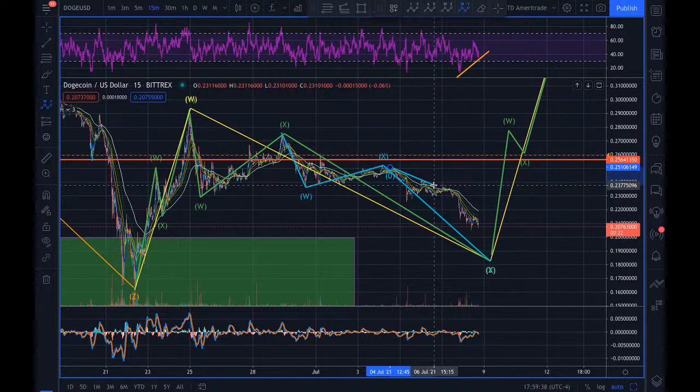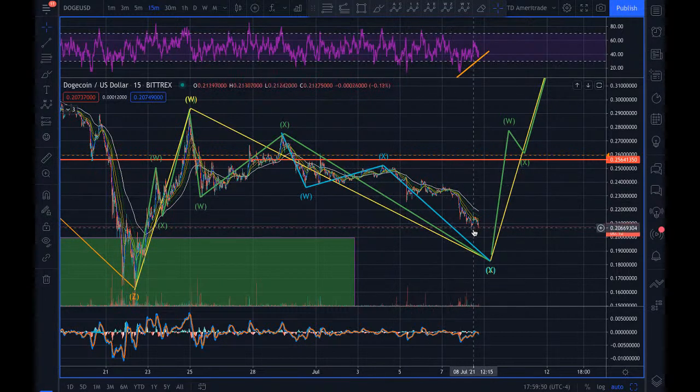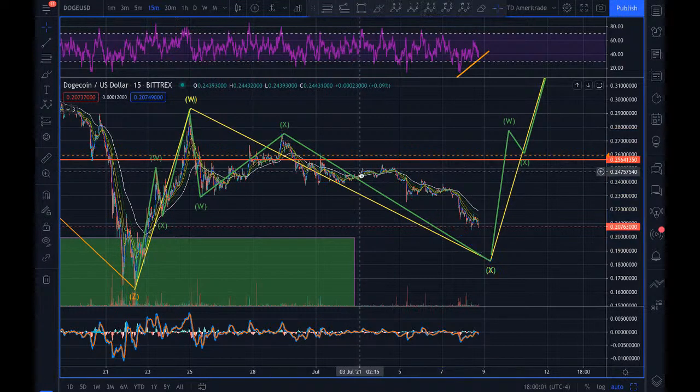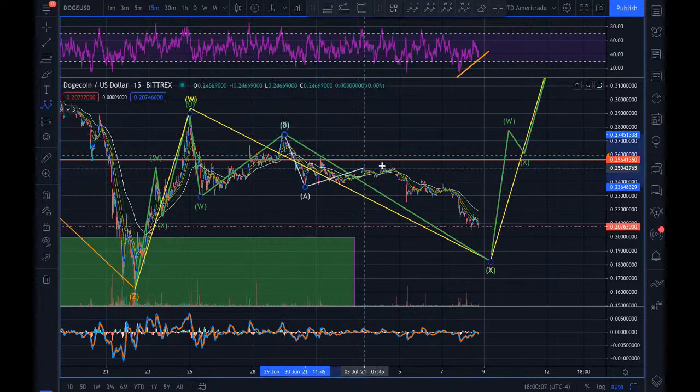I'm not seeing it. I think it's done, but this wave down looks like 1, 2, 3 already. It could make a 4, 5. If it does that, then this would be more accurately labeled as ABC.